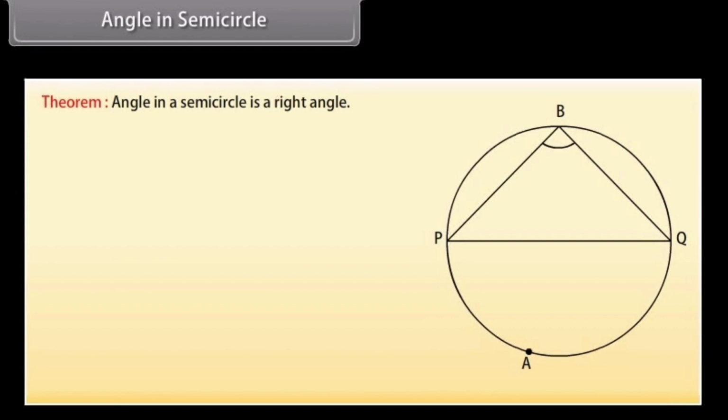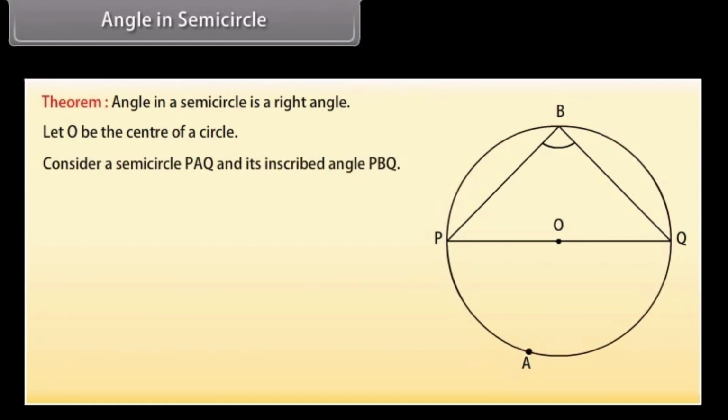Angle in a semicircle. Theorem: Angle in a semicircle is a right angle. Let O be the center of a circle. Consider a semicircle PAQ and its inscribed angle PBQ.